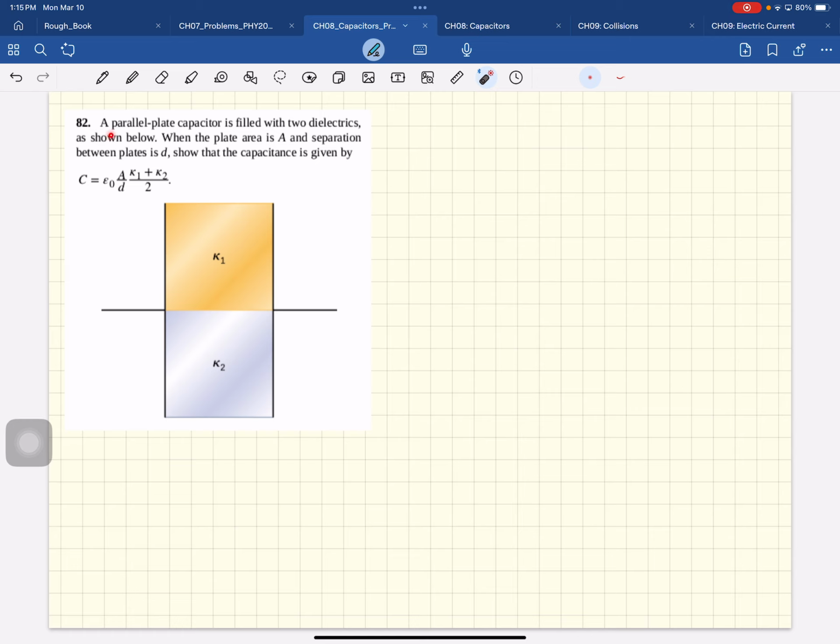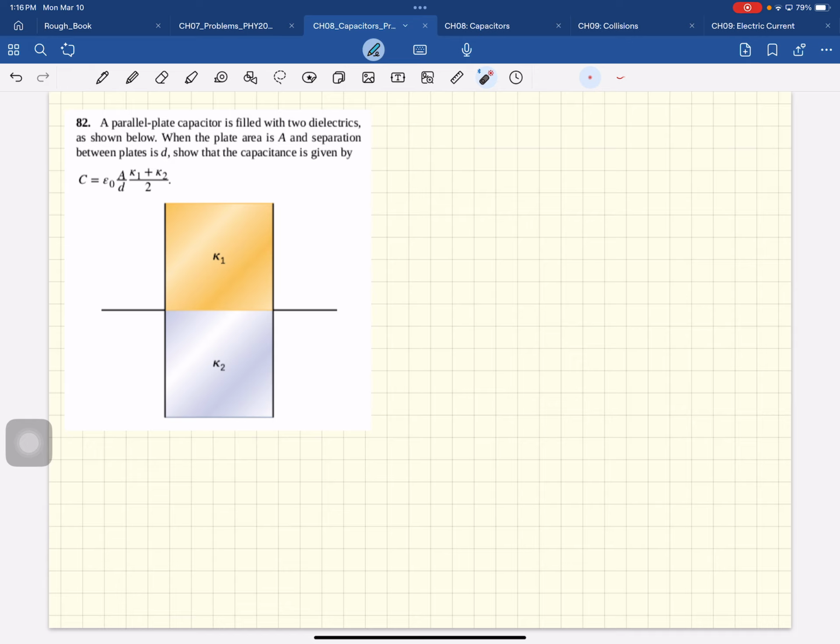So this problem says a parallel plate capacitor is filled with two dielectrics. Dielectrics are insulators, so this is filled with a dielectric like that, and you can see that half the volume is filled with this dielectric and half the volume is filled with that dielectric, as shown below, when the plate area is A and the separation between the plates is d.